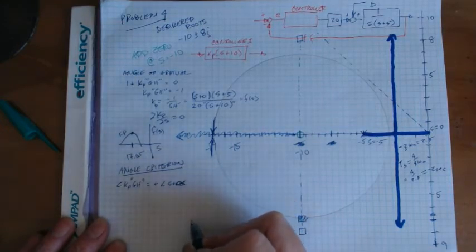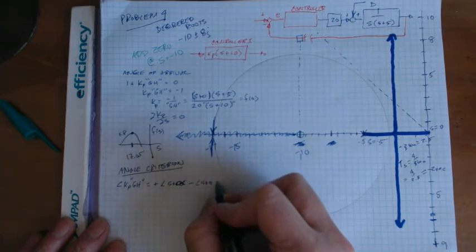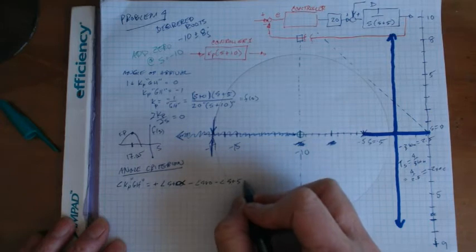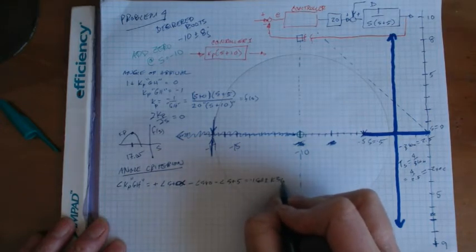We need to find out what alpha is. It's going to be minus the angle of S plus 0 minus the angle of S plus 5, has to equal minus 180 plus or minus K360.